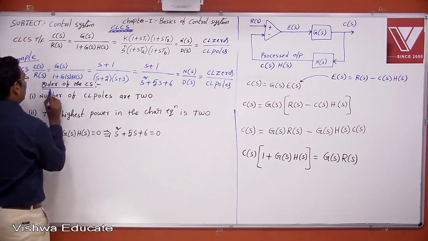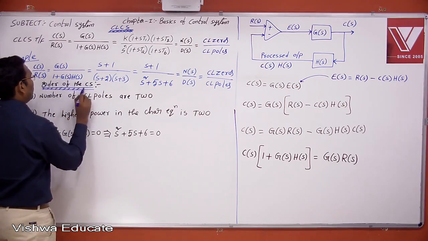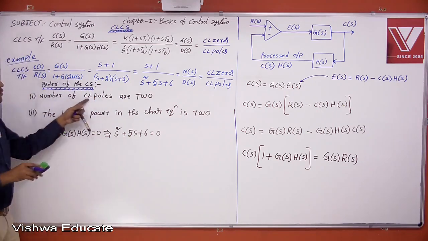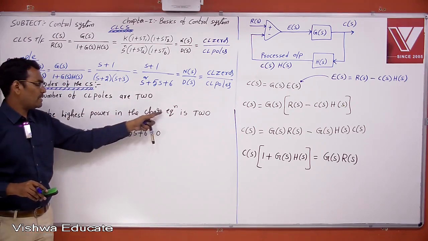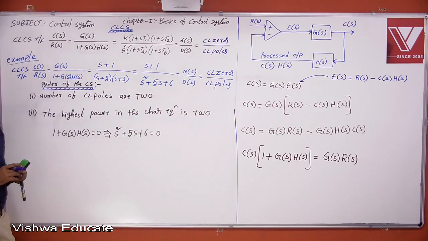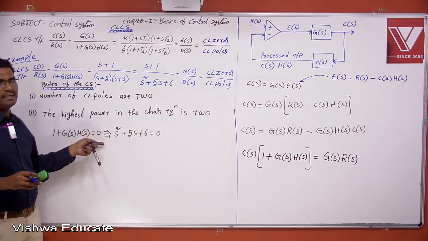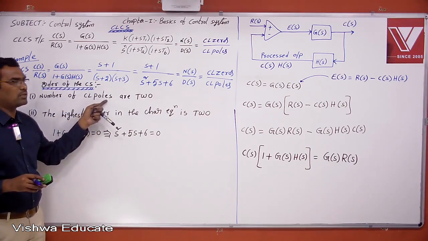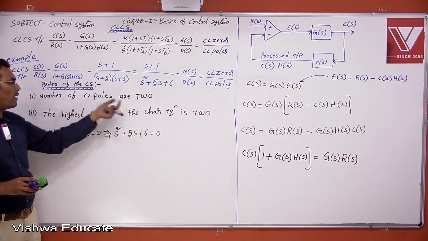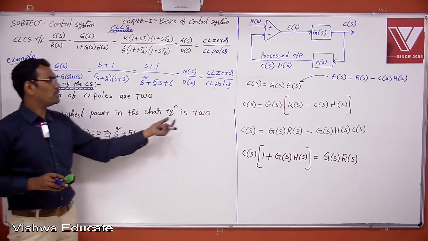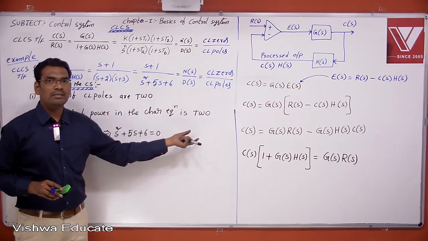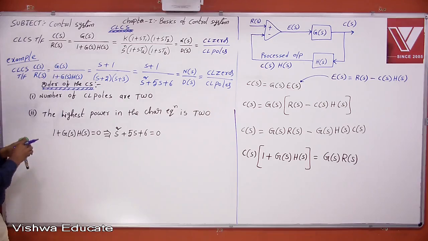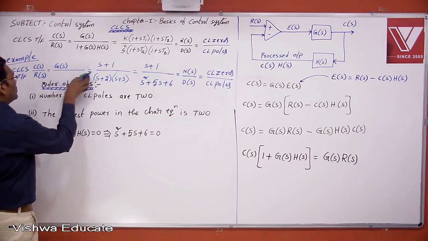The highest power in the denominator polynomial, the number of closed loop poles is nothing but the order. The highest power in the characteristic equation is nothing but the order. The characteristic equation consists of closed loop poles. There are 2 closed loop poles, therefore the order is 2. If there are 3 closed loop poles, the highest power is 3, and the order is also 3. This is the order of the control system.